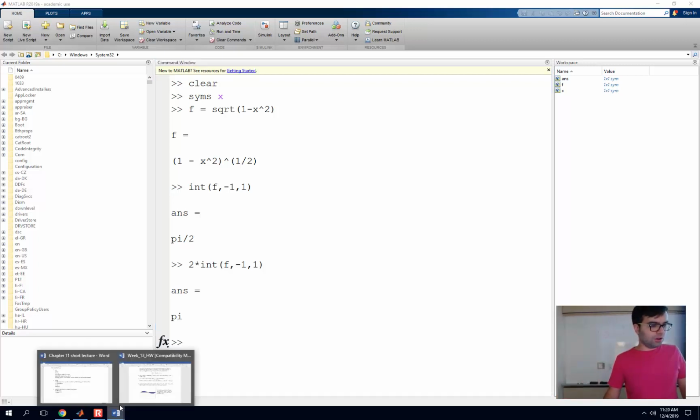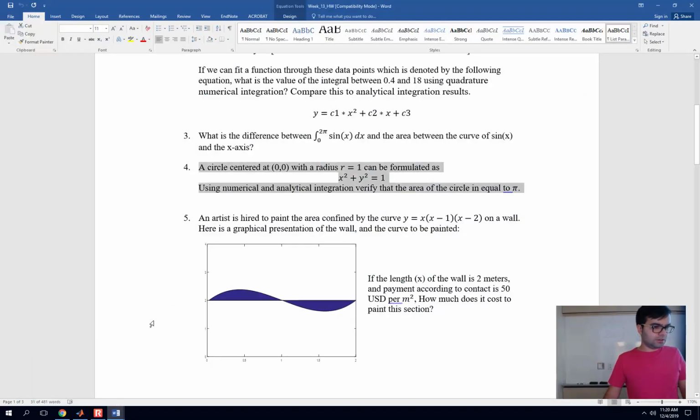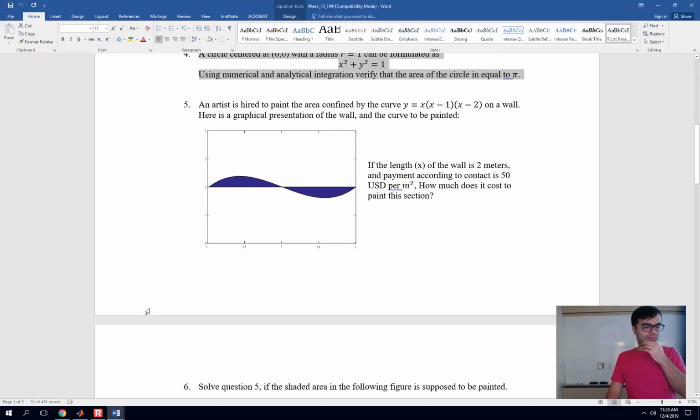Let's work on question 5. You also have the same situation. You have a positive side, you have a negative side. So be careful when you're doing that, right?